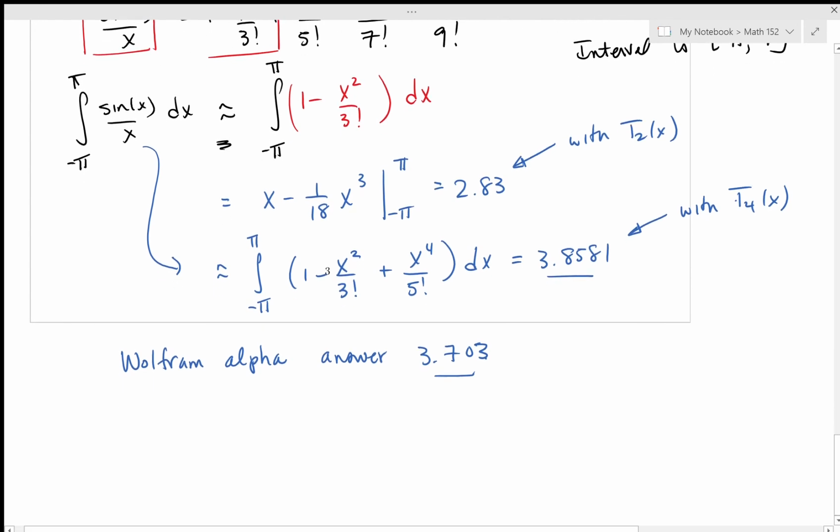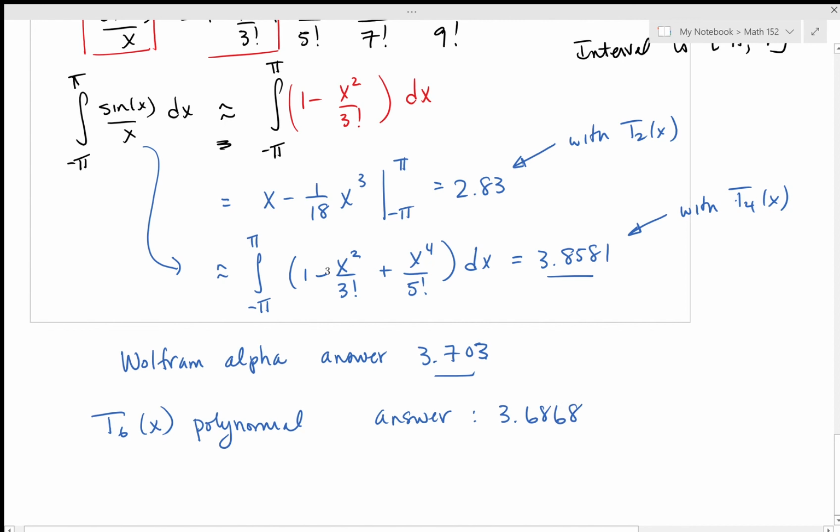I tried with the T6 polynomial, and the answer I got there, check this yourself and see, was 3.6868. So I'm getting closer.